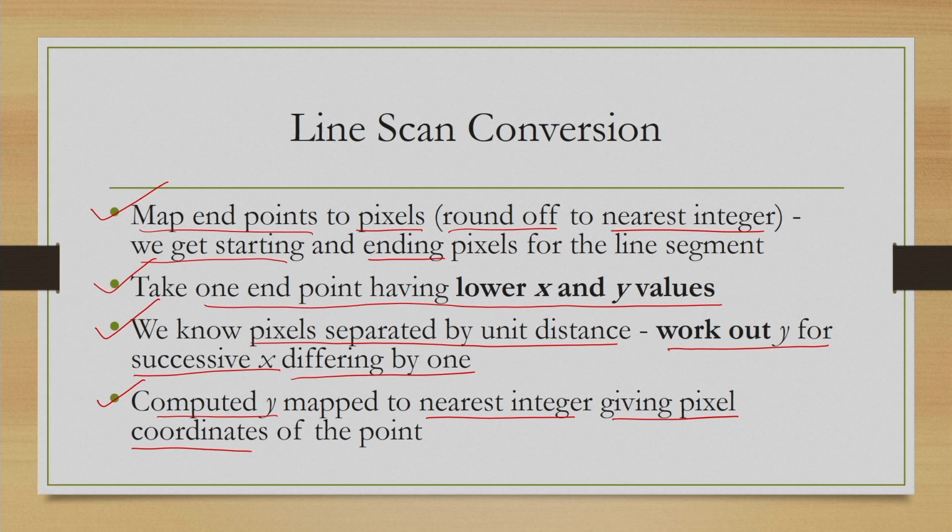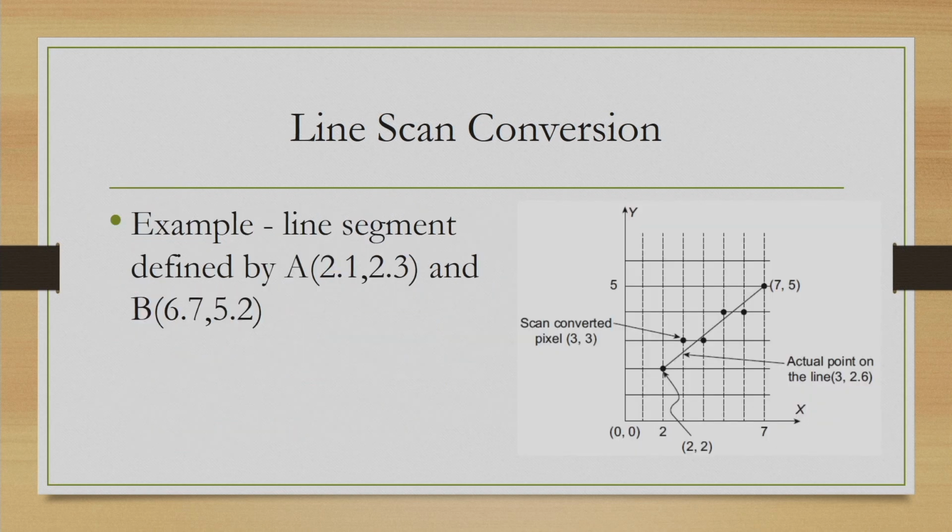Let us try to understand this in terms of one example. Suppose this is our line segment as shown in this figure. So, this is one endpoint, this one is another endpoint. Initially, the line was defined by these two endpoints A and B. As you can see, both are real numbers.